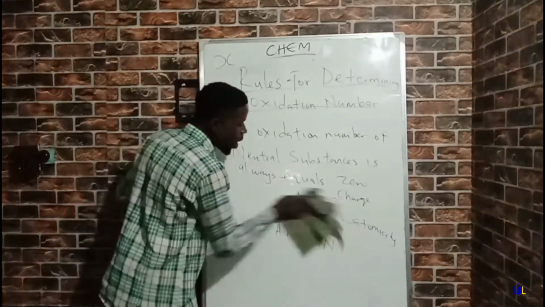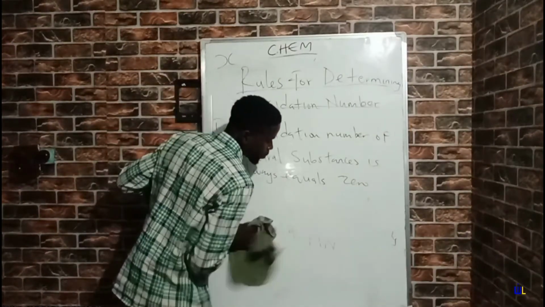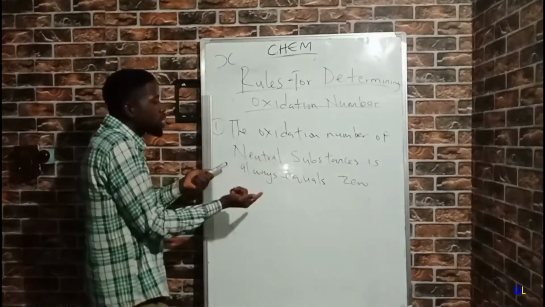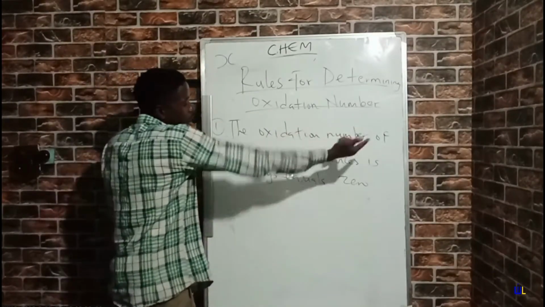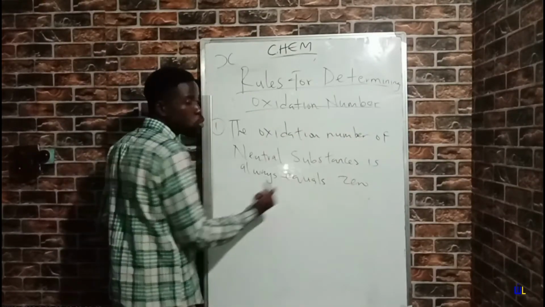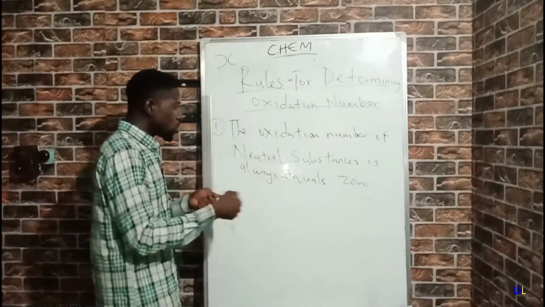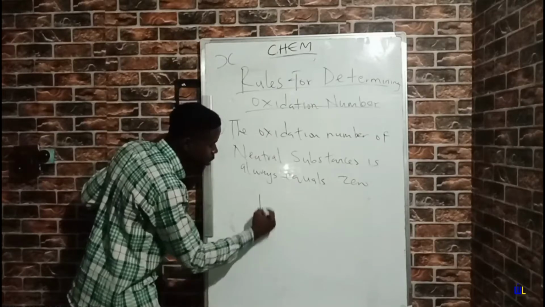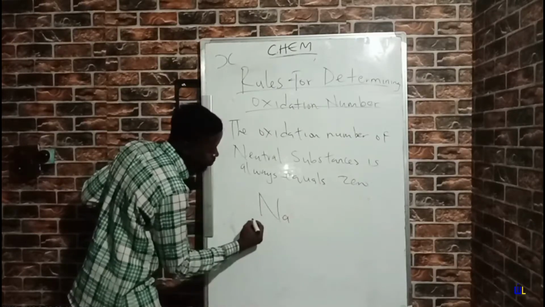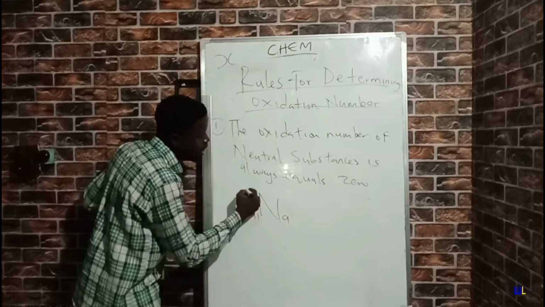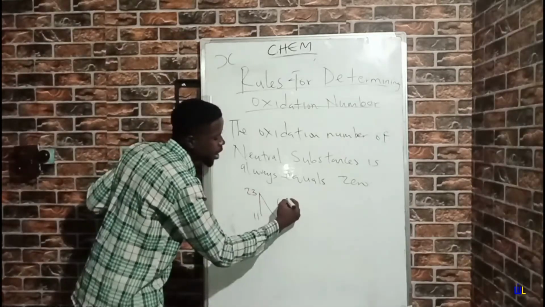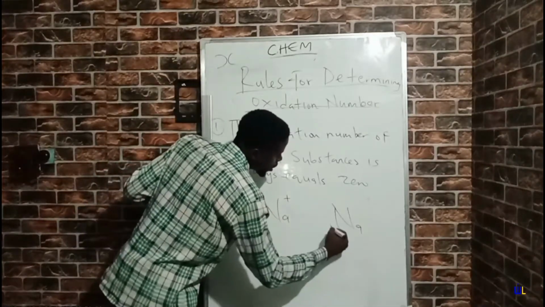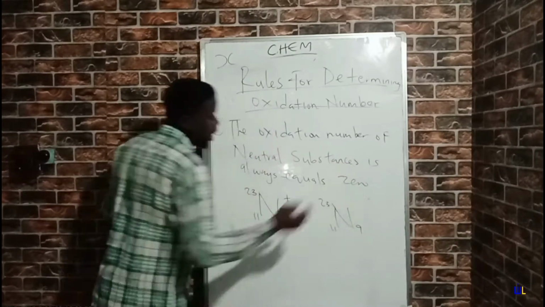Now, why did I have to mention this? I had to mention this because we have a rule: the oxidation number of neutral substances is always equals 0. What does this mean? It means that if I have a substance, let's say I have sodium, Na, 11, 23, and then here I have a plus, and I have another sodium, Na, 11, 23, and nothing is there.